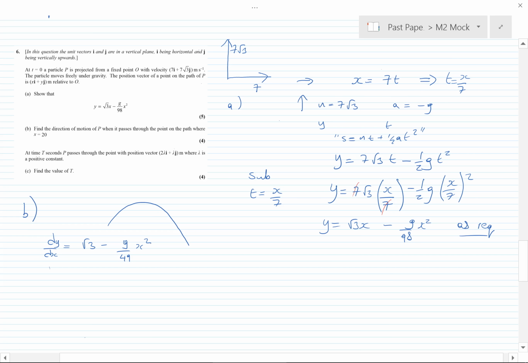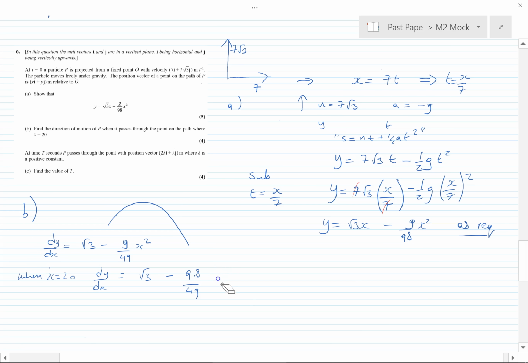Now it wants us to work out when x is equal to 20, so we can put 20 in. So when x equals 20, we have dy by dx equals the square root of 3. Let's work this out. 9.8 over 49 times 20 squared.